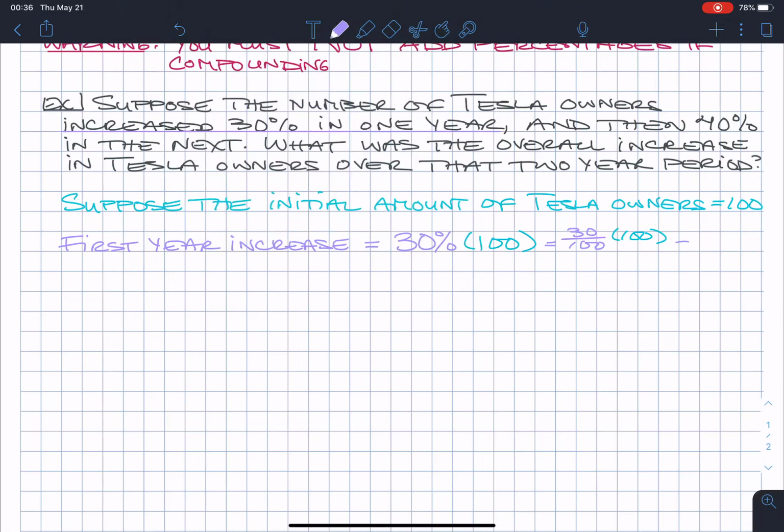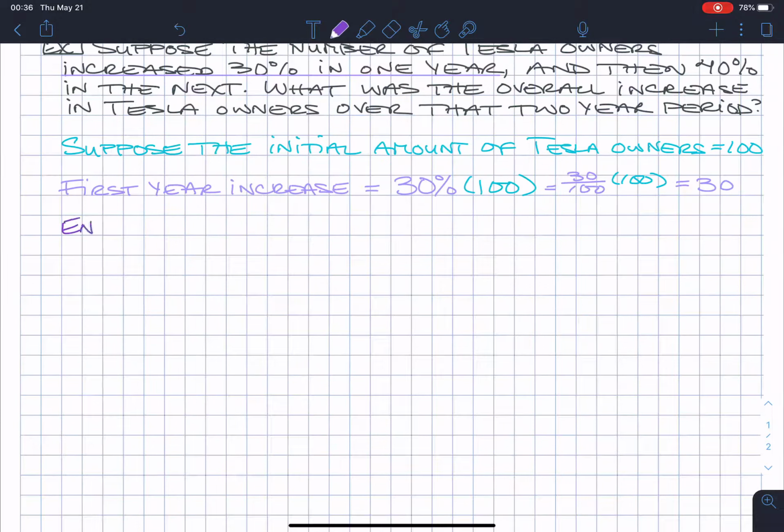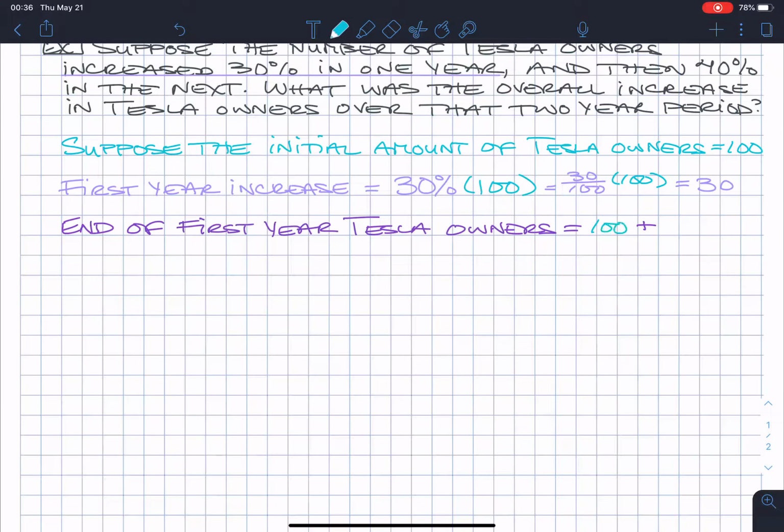So there were 30 more Tesla owners the next year. So what is the end of the first year? It's the 100 we began with and the 30 we added that year, so at the end of the first year there are now 130 Tesla owners.